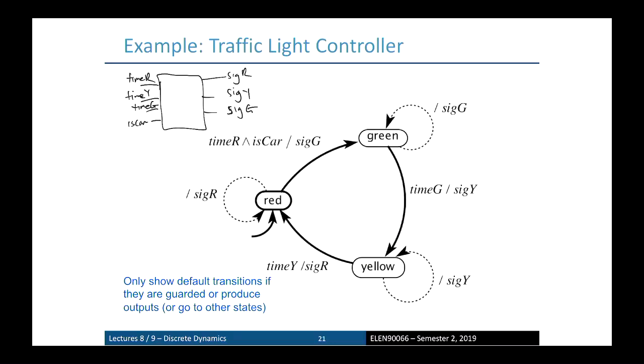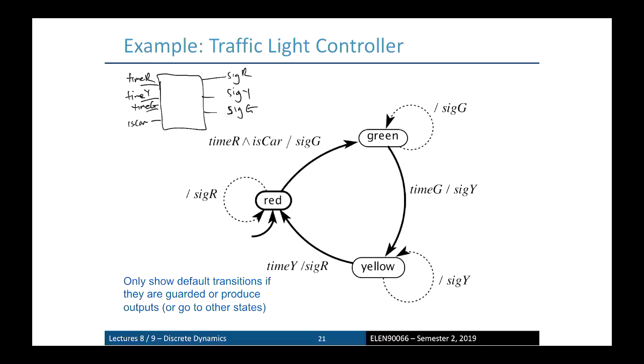Now, state machines get very complex. You may design a state machine that might have 50 or 60 states in it. And showing this implicit loop back, in other words the default transition, can get very messy. Essentially, every state would have to have some sort of loop back on it, and it looks terrible.